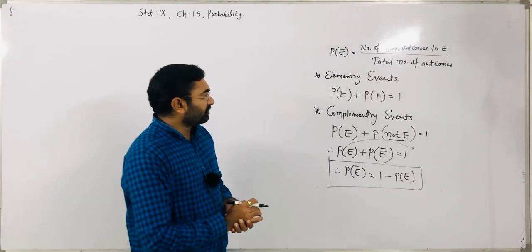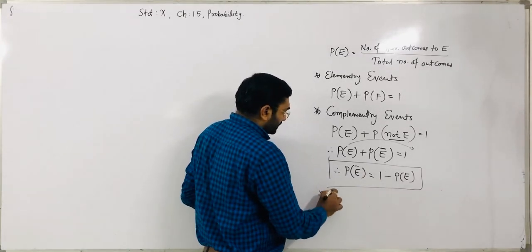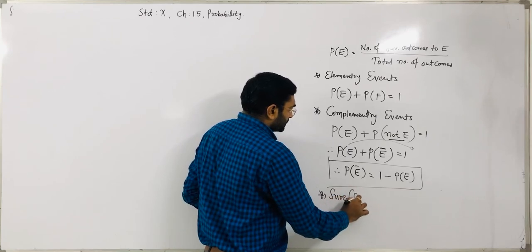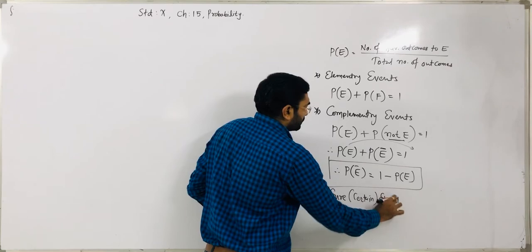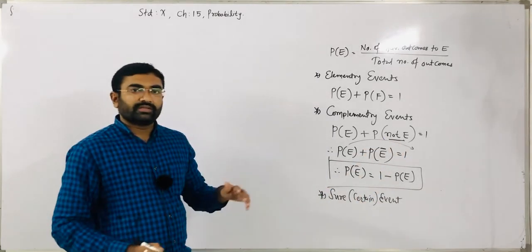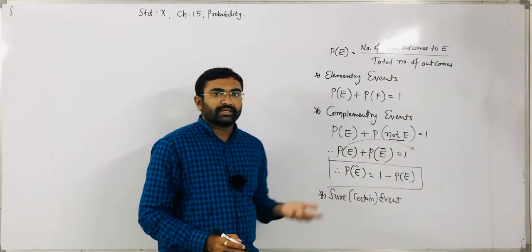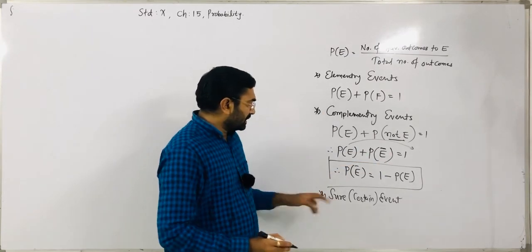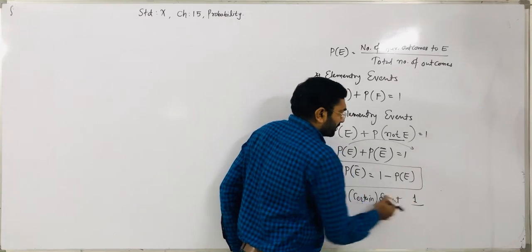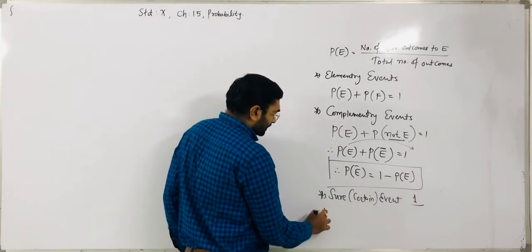Then we defined the sure or certain event. It is an event that is sure to occur. For example, the sun rising in the east is a sure event, and its probability is represented by 1.